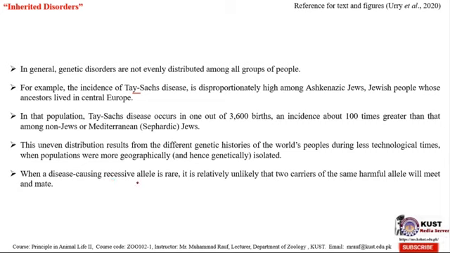When a disease-causing recessive allele is rare, it is relatively unlikely that two carriers of the same harmful allele will meet and mate.